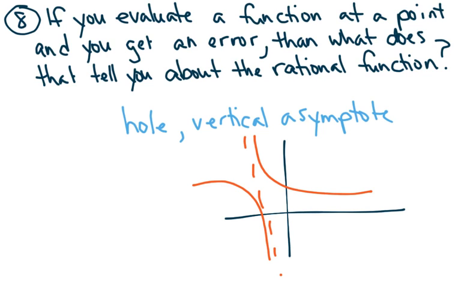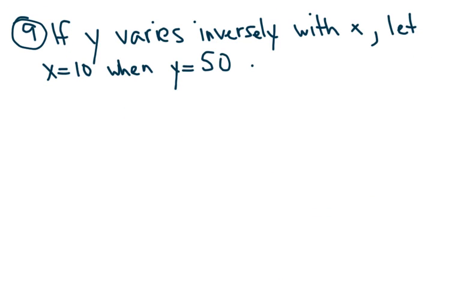For problems 9 and 10, we're just going to write an equation that models the variation. Notice it does not ask me to solve it. It just asks me to write the equation that models the variation. So in number 9, it says if y varies inversely with x, let x equal 10 when y equals 50.